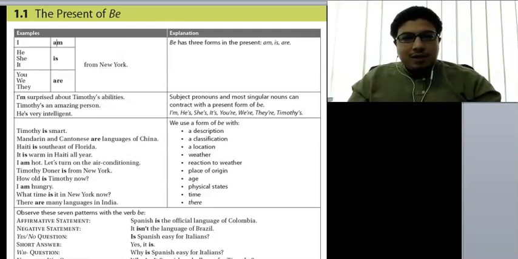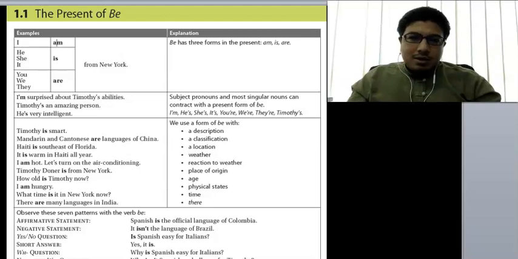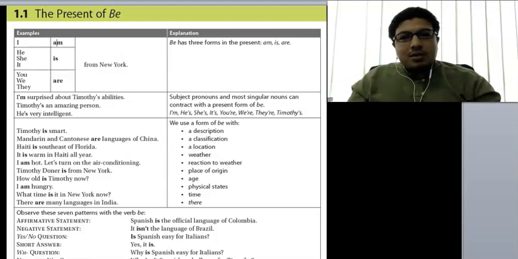I believe back in school or in previous semesters in UMK, you must have learned about these, but today we are going to look into those tenses rather quickly. As you can see here on the screen, the present of be.